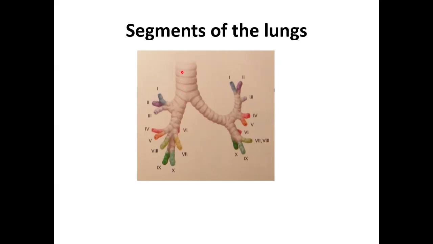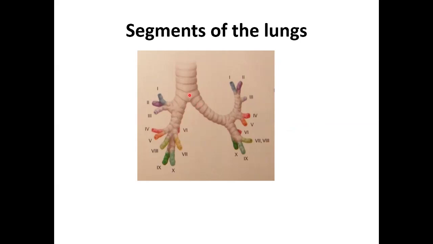I think you can answer that in right, because this is directly prolongation of trachea, and entering the left bronchus is more difficult because it is oriented with angle to the right.